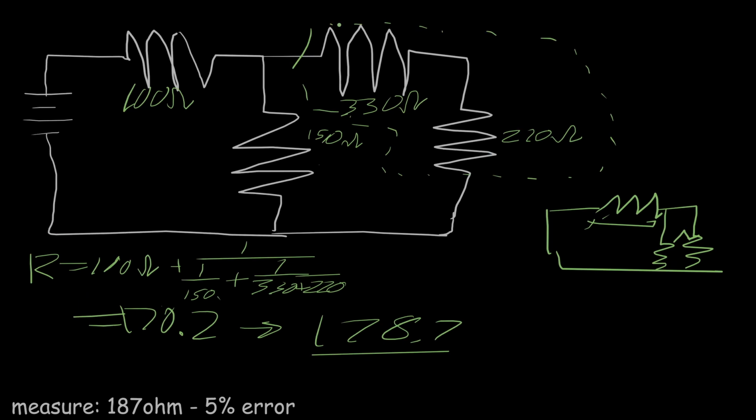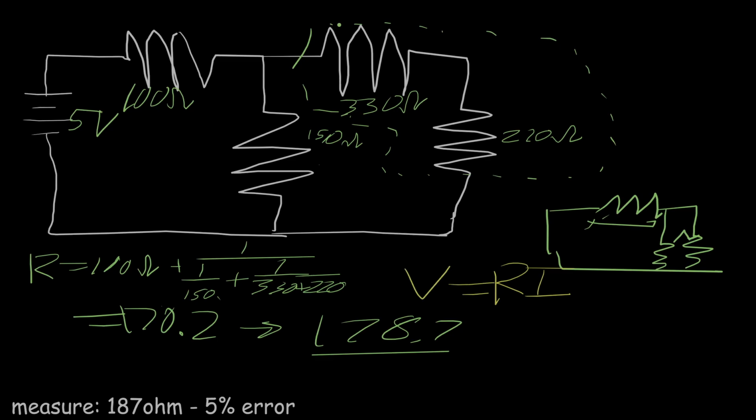Okay, now let's calculate the amperage of our system here. We know the input voltage is around 5 volts from our battery, and we know the equivalent resistance now. So now we can actually solve it. The voltage is equal to the resistance times the current.